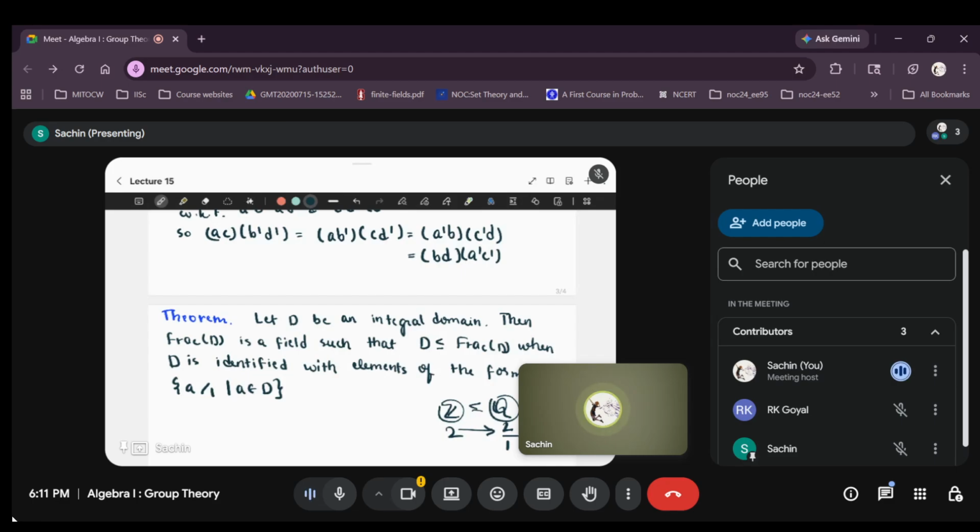Okay, actually, let us stop here. This is the theorem that this set of fractions that we have defined, the equivalence classes of fractions, is actually a field. We will see the proof in the next class.